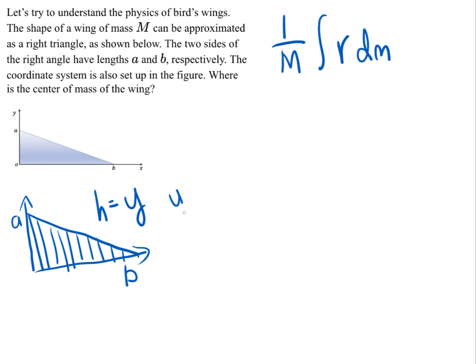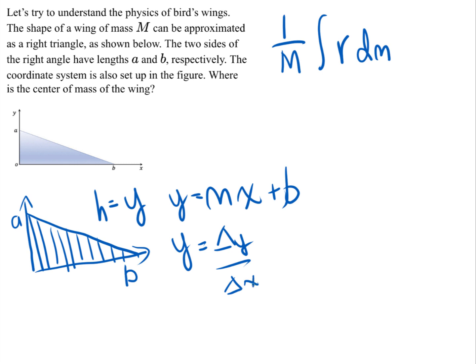If you remember, you can write an equation for a certain y value by saying that y equals mx plus b, where m is the slope and b in this case is the y-intercept. So our slope is going to be the change in y over the change in x.